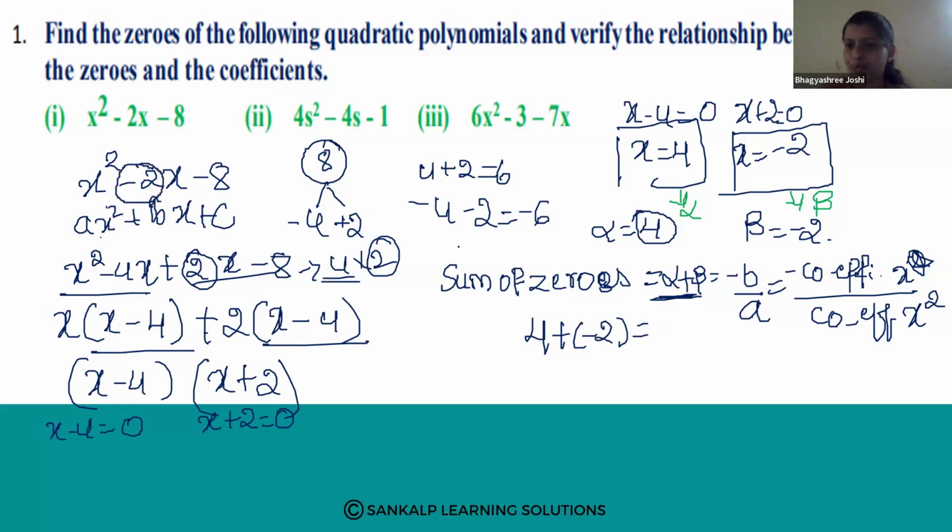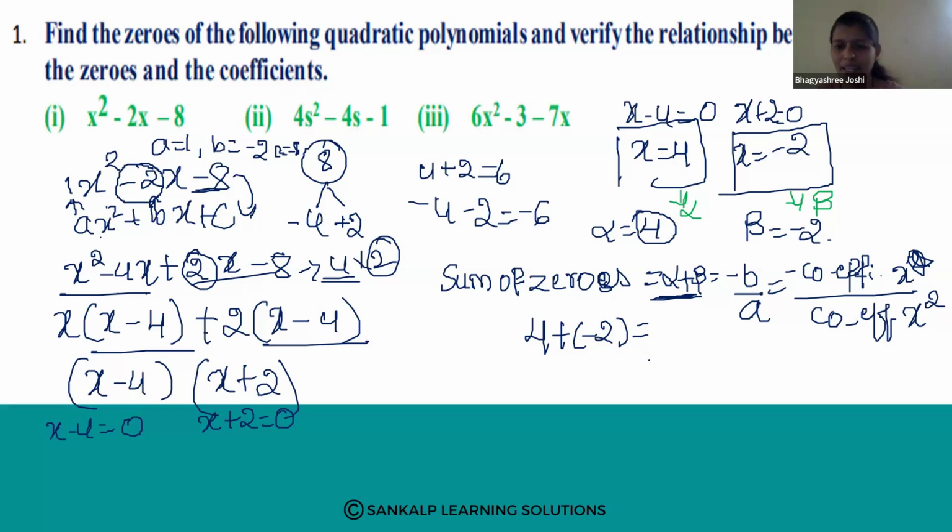It is minus 2, right? Compare this polynomial with the standard form of a quadratic polynomial. A is equal to 1, B is equal to minus 2, C is equal to minus 8, right?